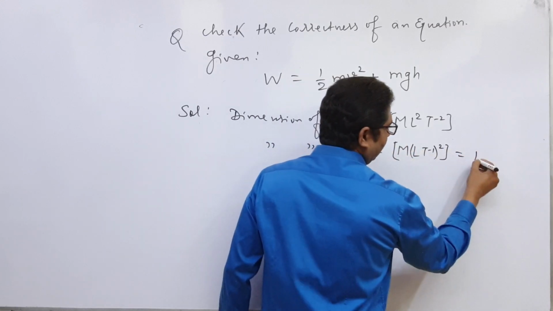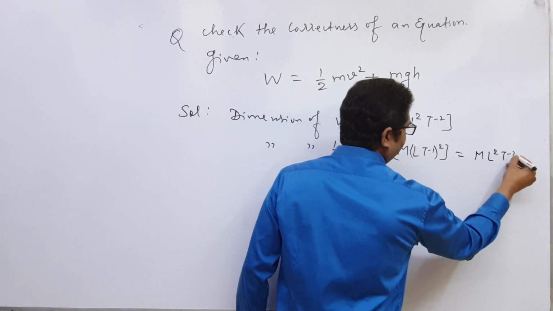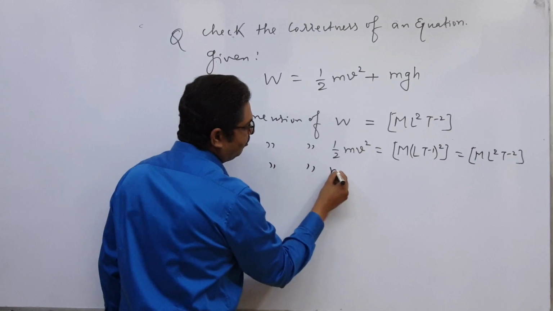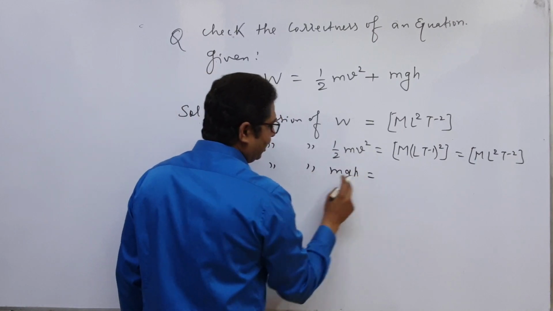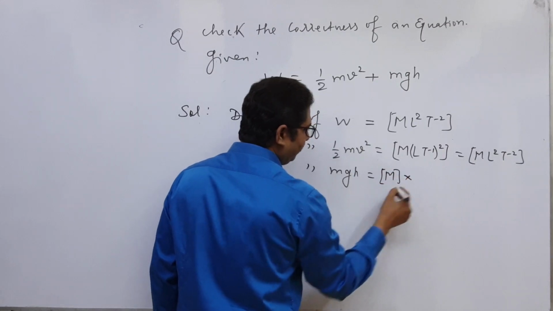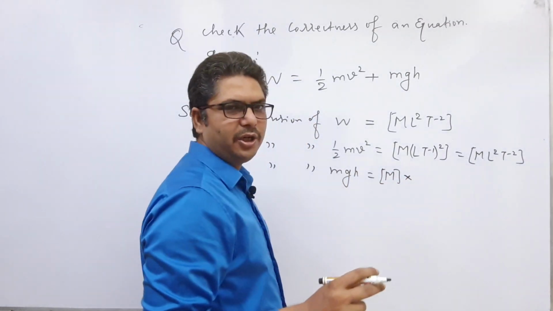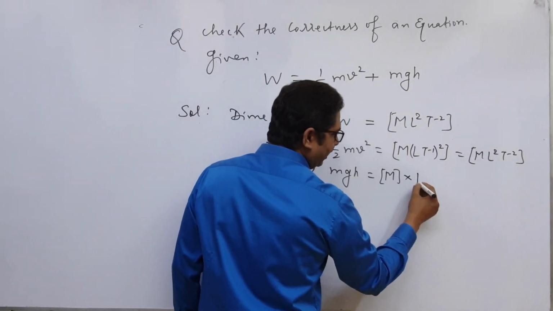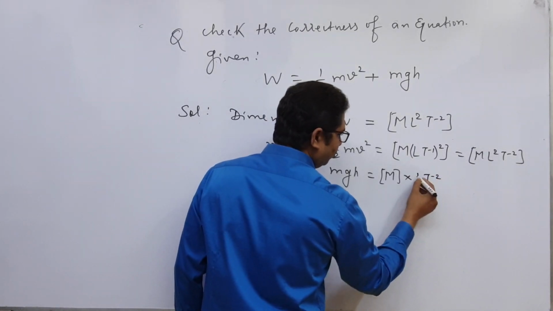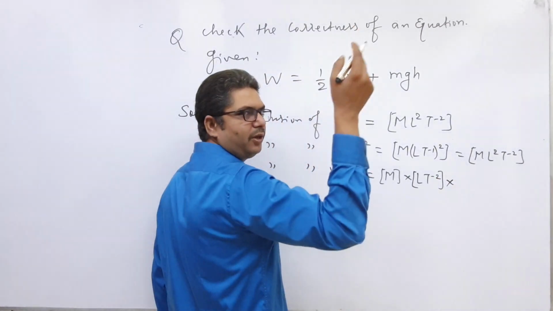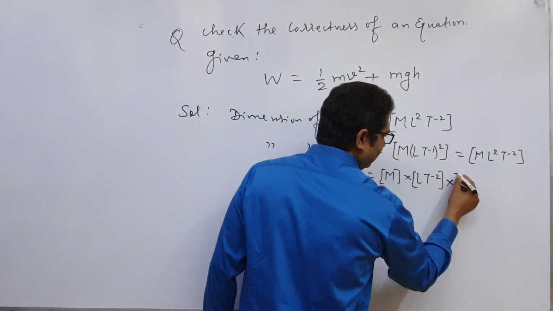So this becomes m L2 t minus 2. Now you talk about dimension of mgh. Here m for mass, dimension is m. g stands for acceleration due to gravity. Its dimension is L t minus 2. And here h stands for height, so dimension is length L.